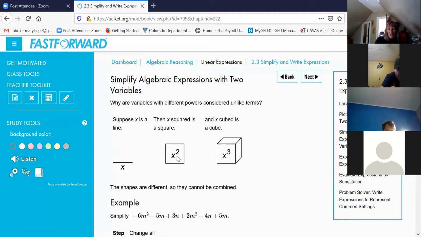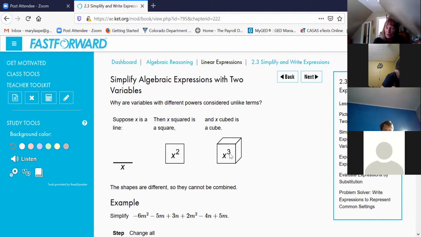And if we have 5 squared, that means this length would be 5 and this length would be 5. And if we're talking about the area of a square, which is a 5 by 5, 5 times 5 is 25. And x squared, if x is 5, it's 25.